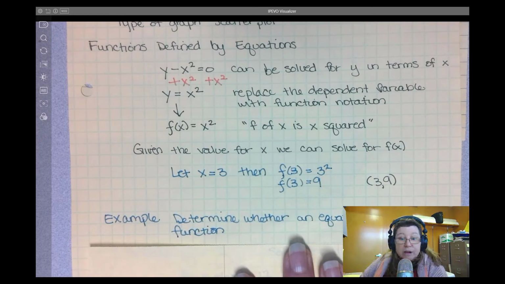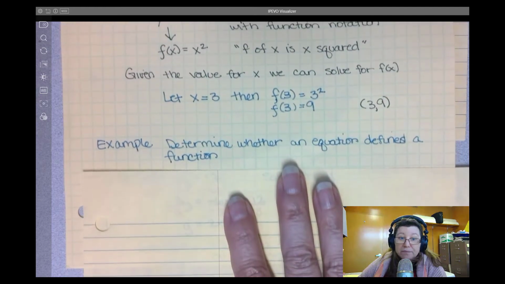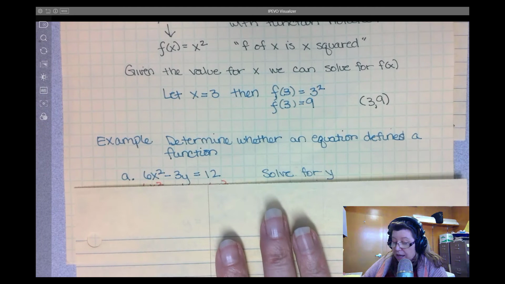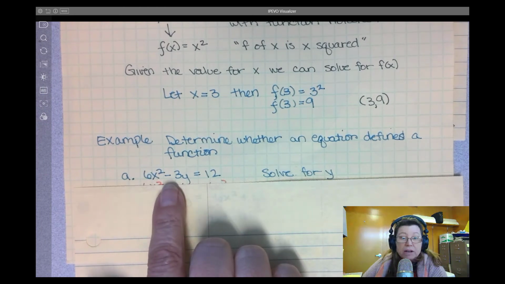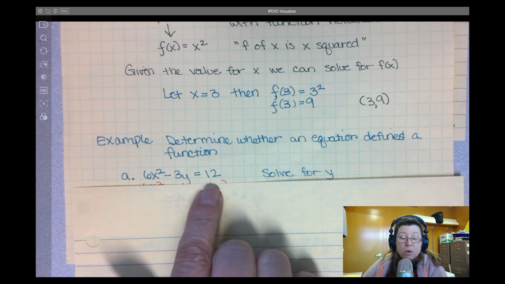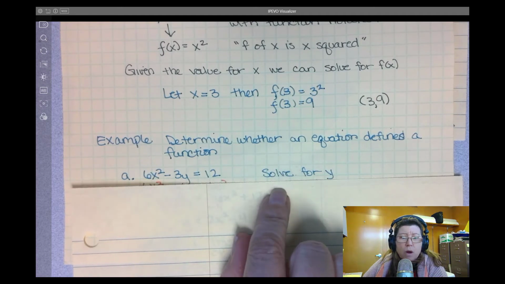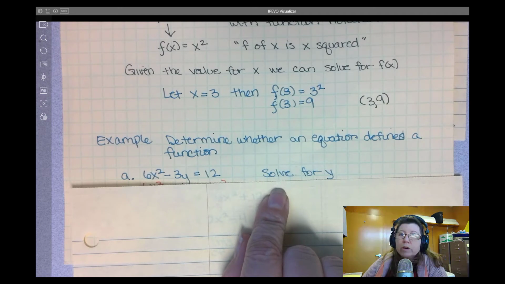Now let's figure out if the equation defines a function. So we're going to have a equals 6x squared minus 3y plus 12. And we're going to solve this for y, because remember, we want to put this in function notation. And then we're going to play our little trick of, does every x go to a y and only one y?